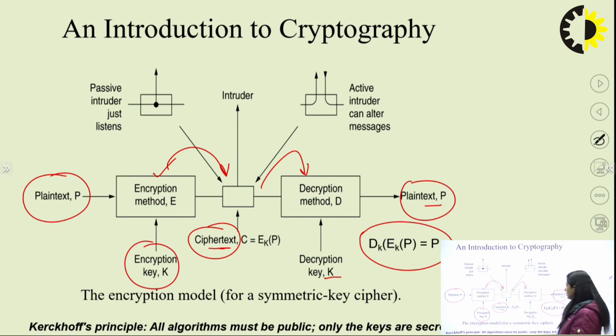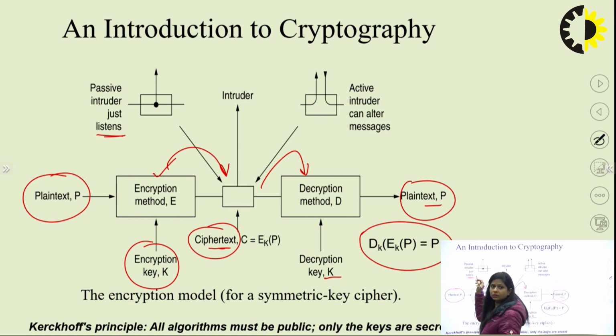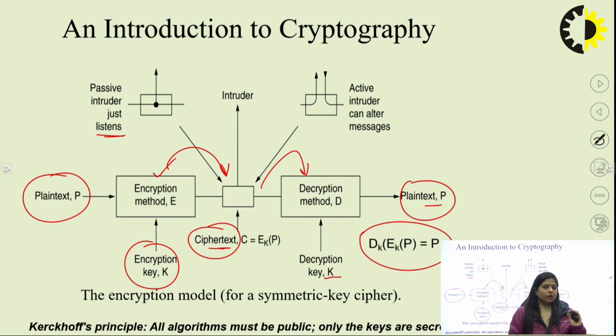The encryption model for a symmetric key cipher. We see a passive intruder. What does it do? It does not do any harm to the message. It simply listens. A passive intruder, a passive hacker or attacker, simply listens, right? It tries to observe the pattern, the messages, the communication, and so on.